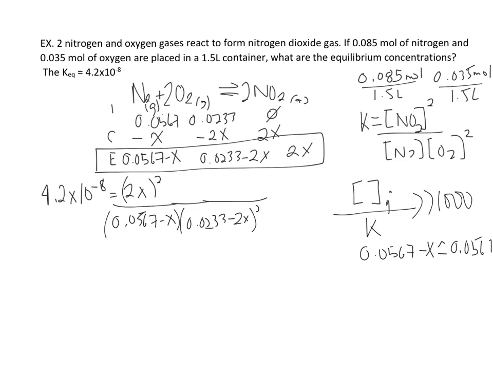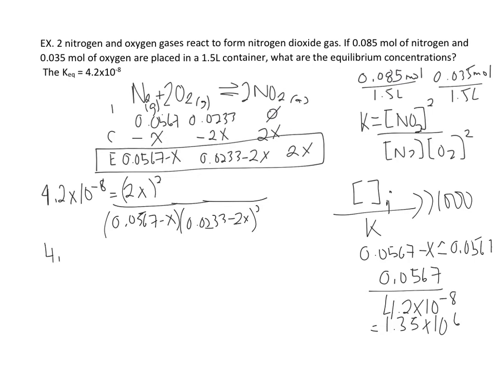So our initial concentration, we'll pick the biggest one, 0.0567 divided by our K, 4.2 times 10 to the negative 8. If this number is bigger than 1000, we can make this assumption. And this is equal to 1.35 times 10 to the 6. So this is indeed larger than 1000. So we're going to simplify that way.